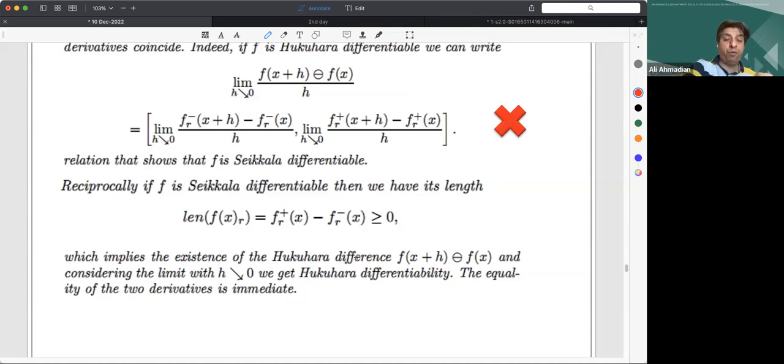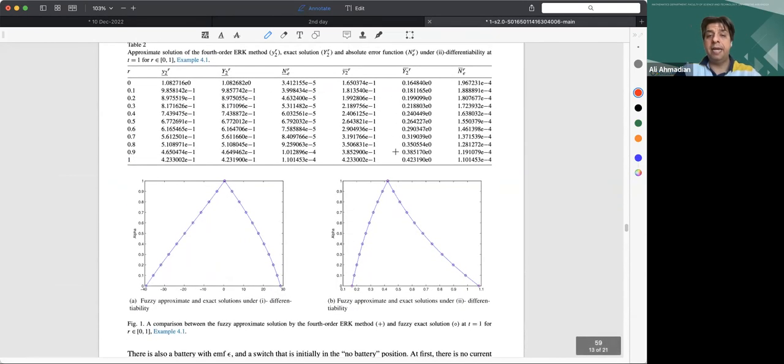That's why we should switch to the generalized Hukuhara differentiability. In some cases, by increasing the time, these lengths increase.